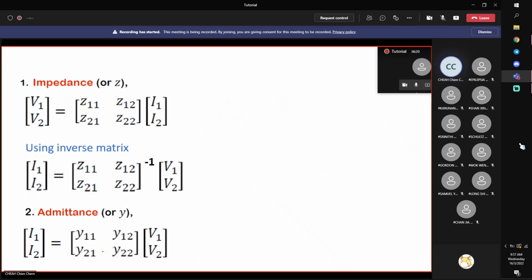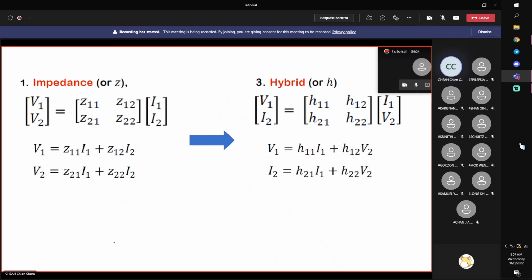Then you can get the admittance form. For other models, it's also quite easy to convert through algebraic manipulation. Of course, as I said, you need to remember the particular models. If you want a hybrid model, you must be able to write down either this or this. Otherwise, you won't be able to proceed.